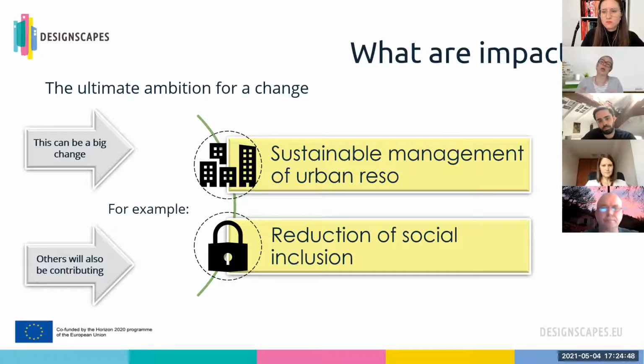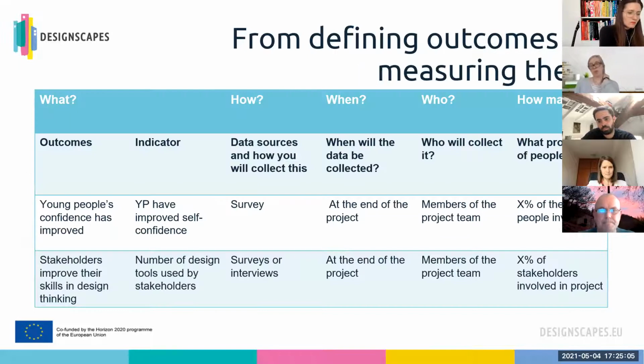So quite significant social changes. And often these changes materialize not immediately after the end of a project or program, but they normally take a little bit longer to materialize, which is one of the reasons why I focused on outcomes in this session. So how do we go about measuring outcomes?